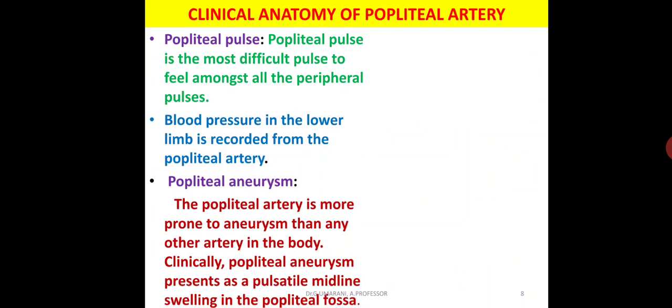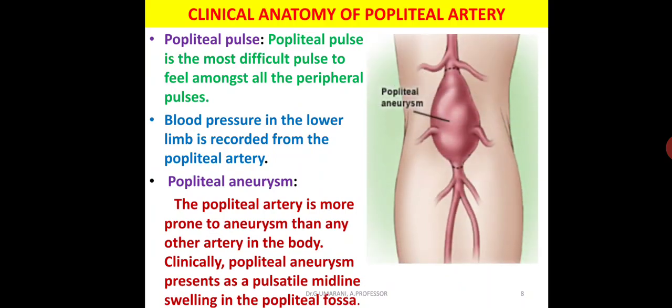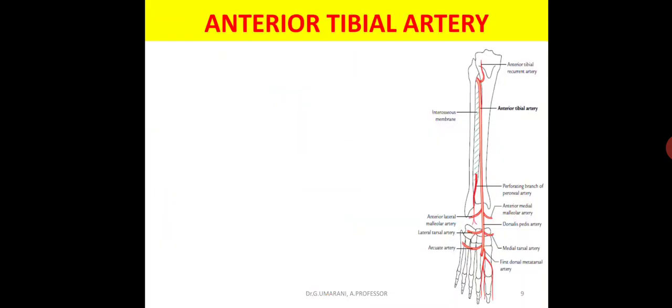One more clinical point is the popliteal aneurysm, which is dilatation of the popliteal artery. It is more prone to aneurysm than any other artery in the body. The popliteal aneurysm presents as a pulsatile, midline swelling in the popliteal fossa. So these are some important clinical points about the popliteal artery.